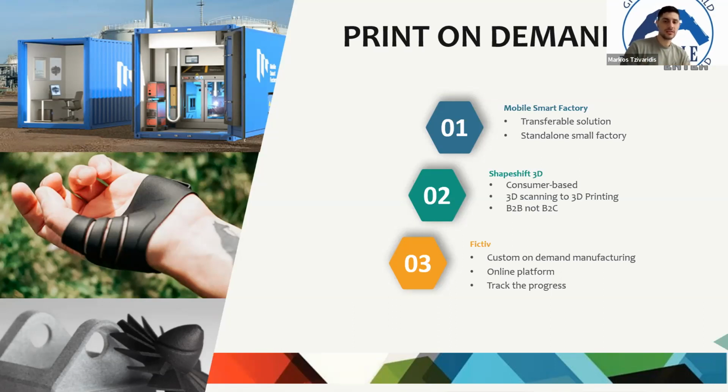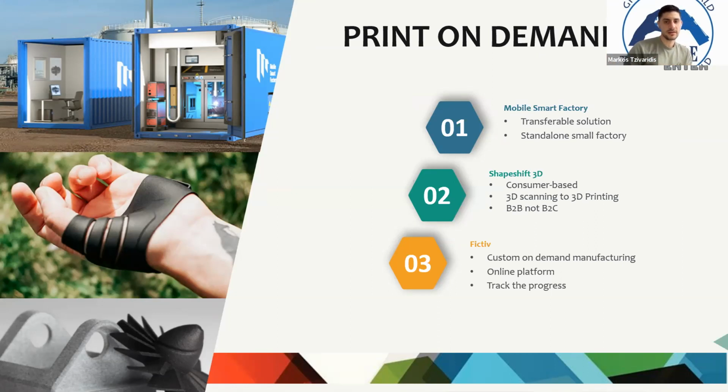But the difference here is that those products are customized based on your shape. That's why they use 3D scanning in order for you, for example, to scan your feet and create a shoe that fits perfectly on your feet.